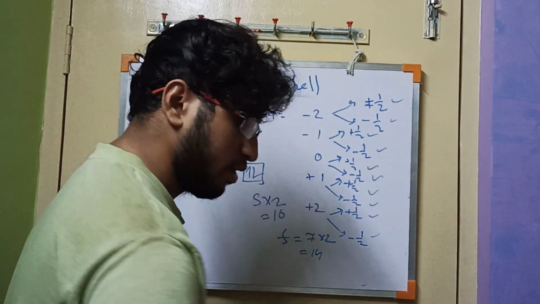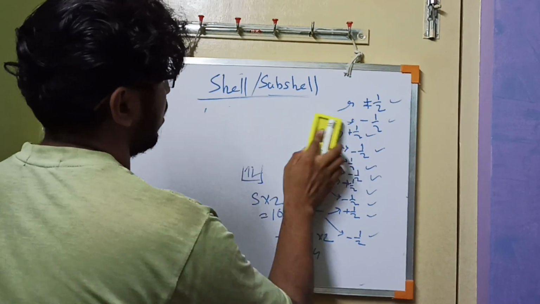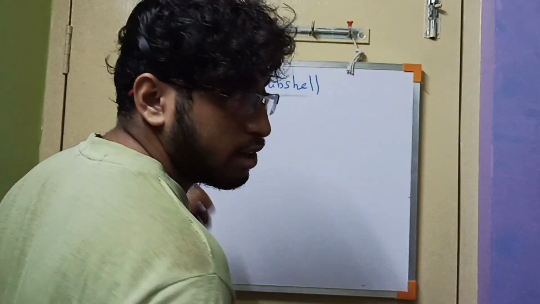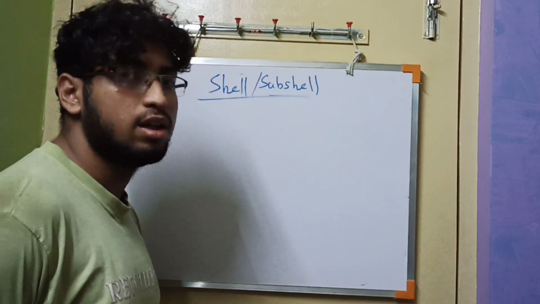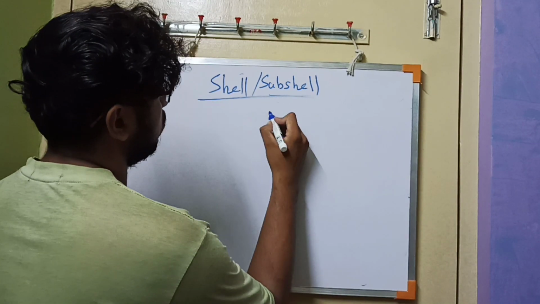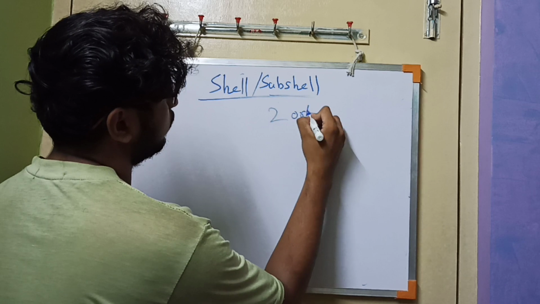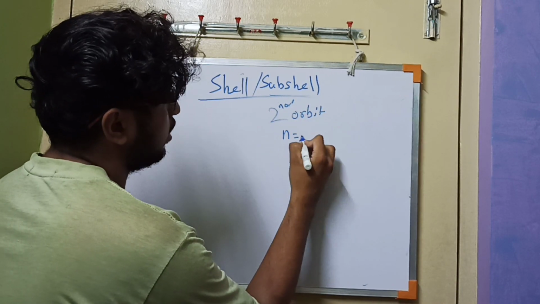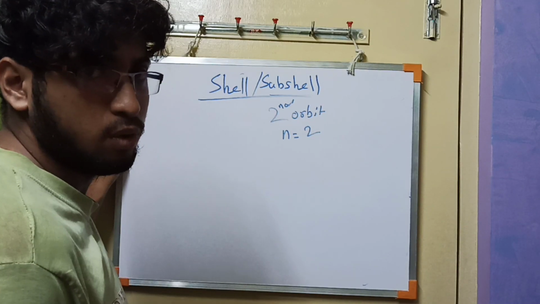Now, just for a general calculation, we can calculate the total number of electrons present in the second orbit from here. For second orbit, the value of n equals 2.